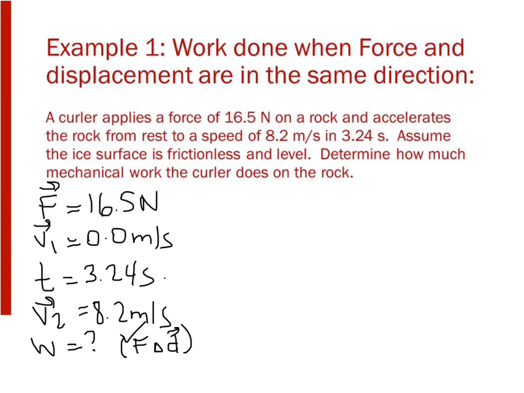So we need to look at our formulas and figure out which one we can use. So if you look at your formula sheet, we don't have acceleration, and since we don't have a mass, that means we can't find acceleration. So we can't use one that has acceleration, so we're actually going to use the very first equation, which is our V2 plus V1 all over 2 times our delta t.